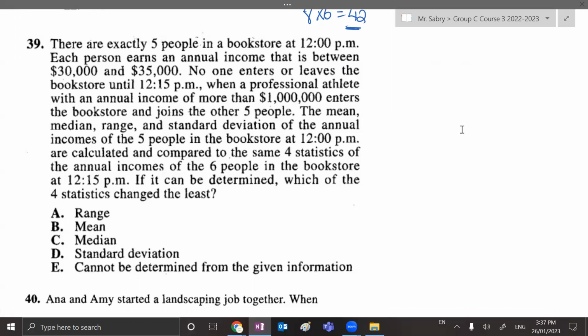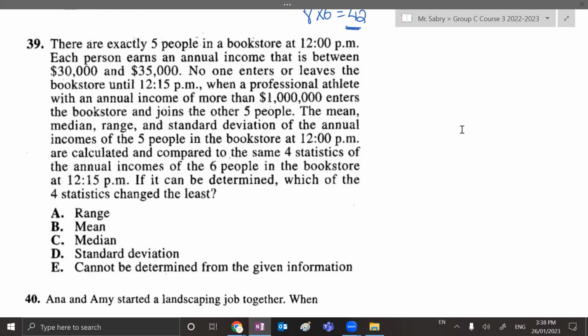The mean, median, range, and standard deviation of the annual income of the 5 people at 12 are calculated and compared to the same 4 statistics of the annual incomes of the 6 people in the bookstore at 12:15. If it can be determined which of the 4 statistics changed the least, what is the least possible change that happened?